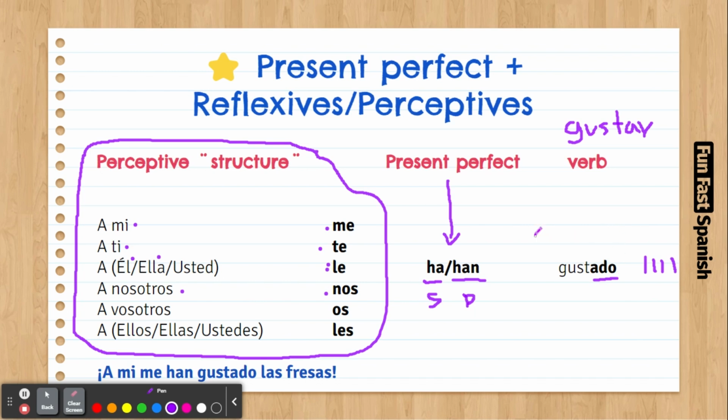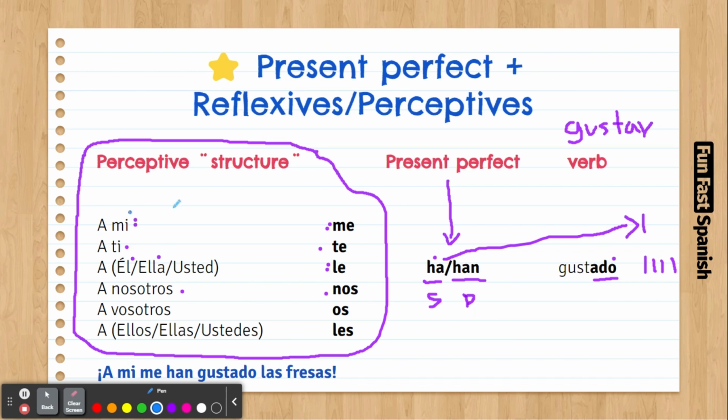So if I want to say I have liked the music, let's say, a mí me ha gustado la música. La música is singular, therefore I'm going to use a because music here is singular. But if I have liked the bananas, then bananas are many, right?